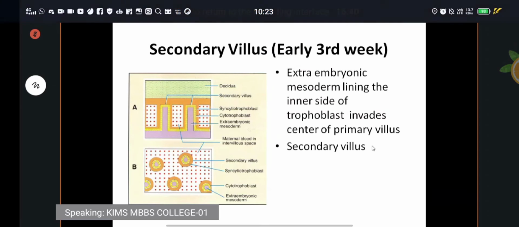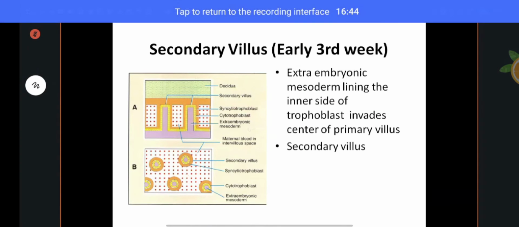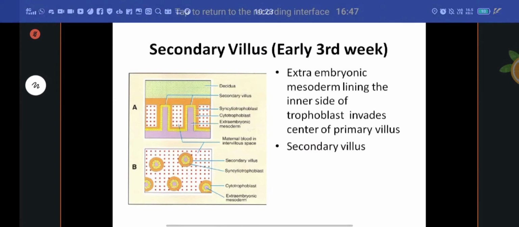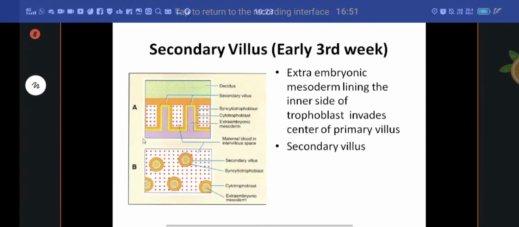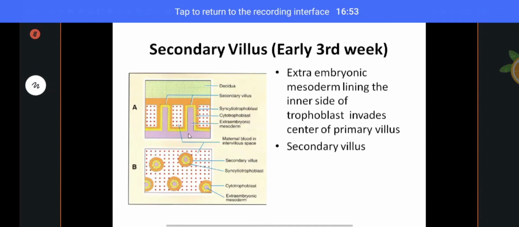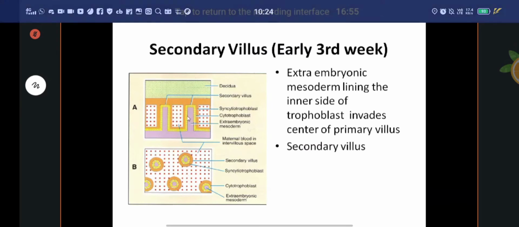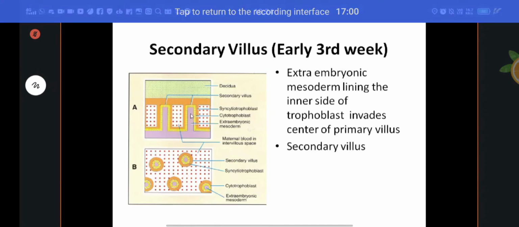Now coming to this point, the secondary villus. The only extra thing in the secondary villus is the extra embryonic mesoderm, which is seen in the lower aspect in the primary villus stage, and will be invading the central core of cytotrophoblast cells.